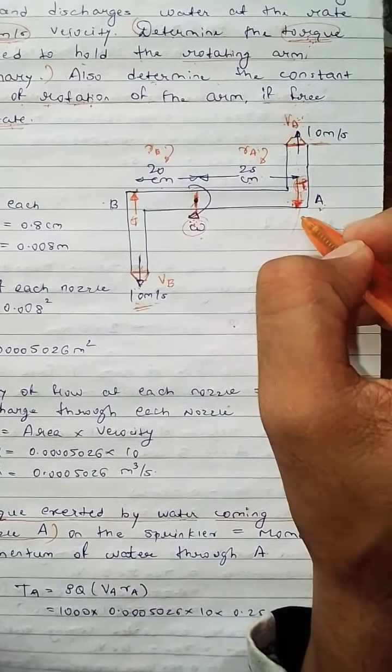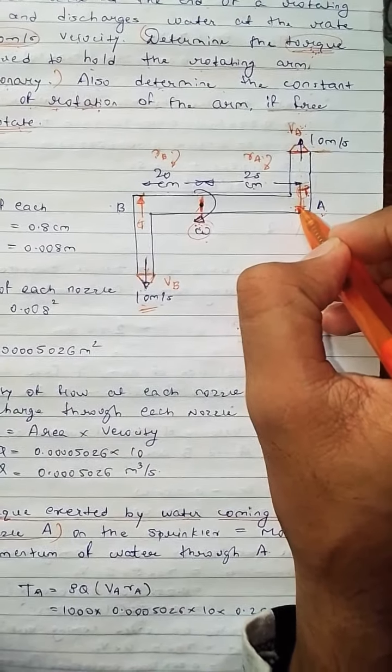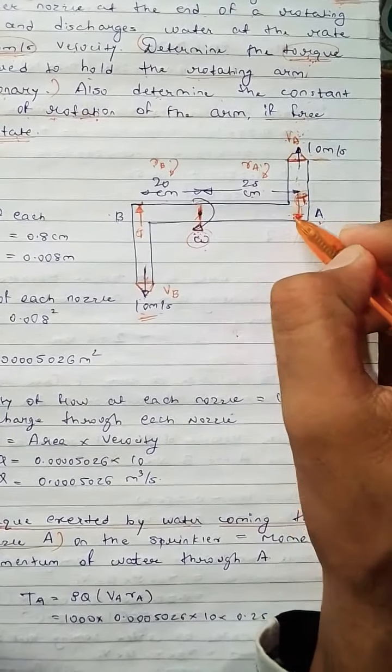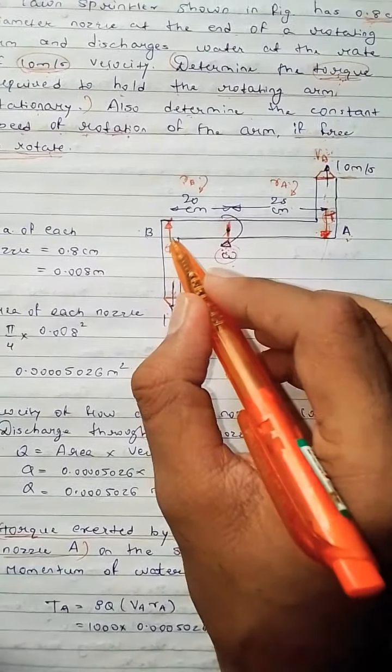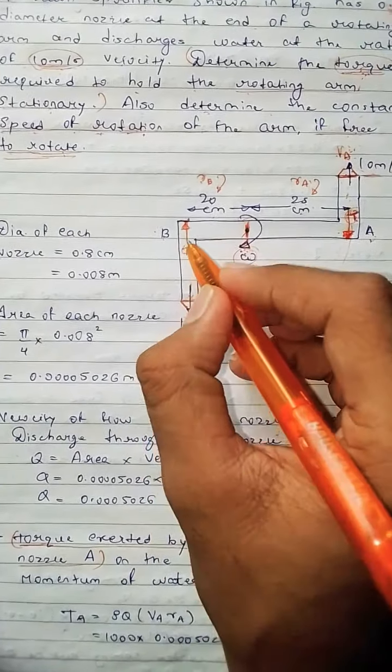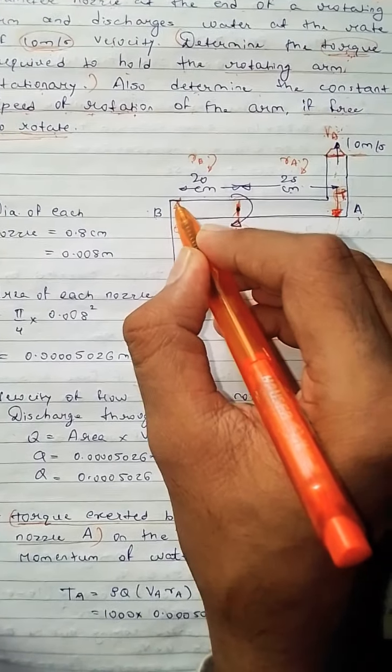The torque will be exerted in the opposite direction. If the water is flowing in upward direction, the torque will be exerted in downward direction. Similarly at point B, the water is flowing in downward direction, which means the torque will be exerted in upward direction.